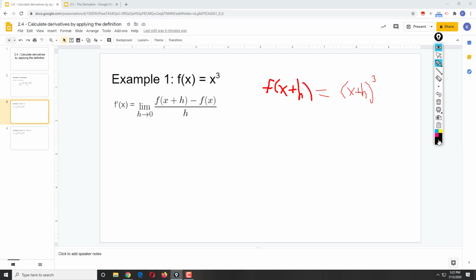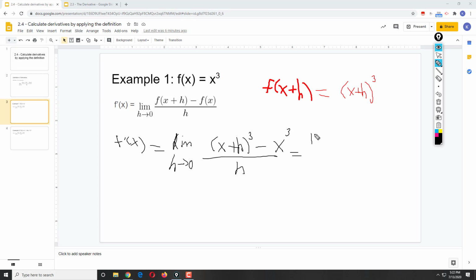So let's calculate. The derivative f prime of x is going to be the limit as h approaches 0 of x plus h cubed minus x cubed, divided by h.